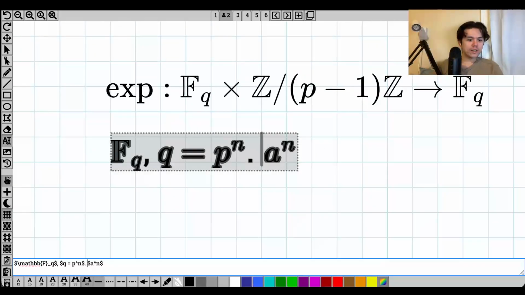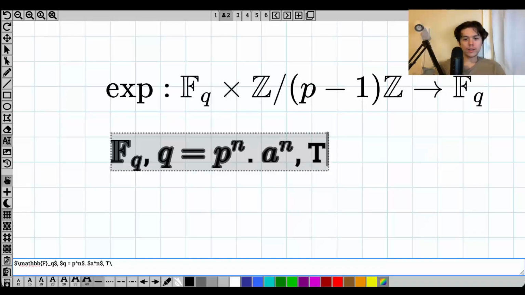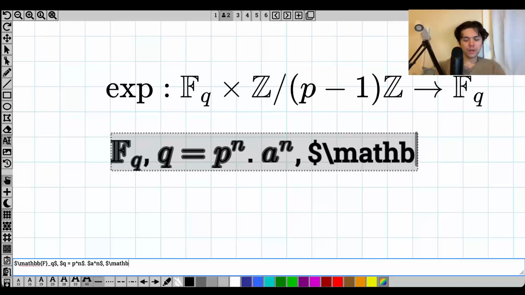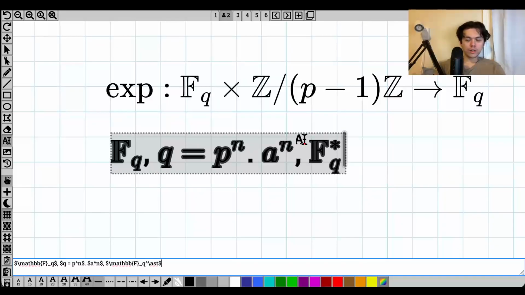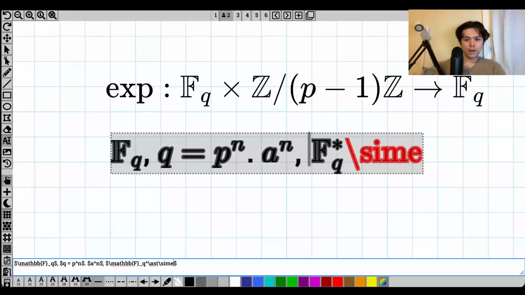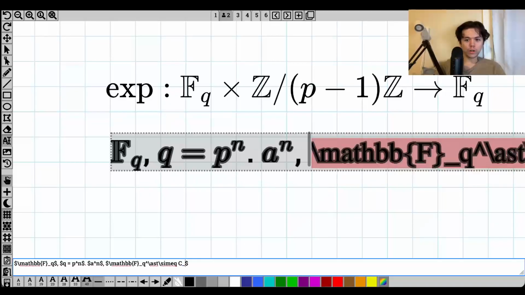But a to the n, for any positive integer n, is almost too much information, because we know one thing. We know that the units, F_q star, the non-zero elements, are a cyclic group of order q minus 1.